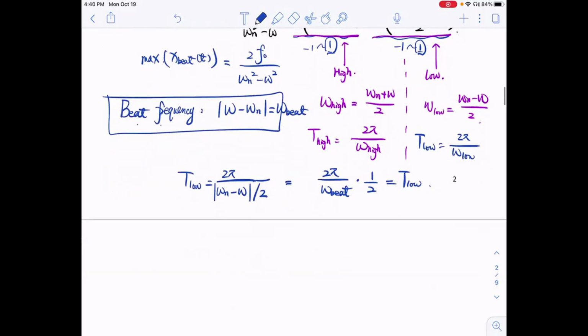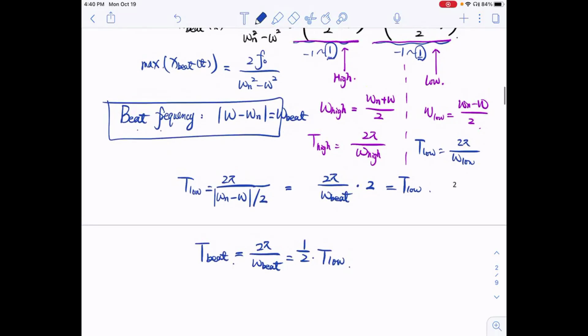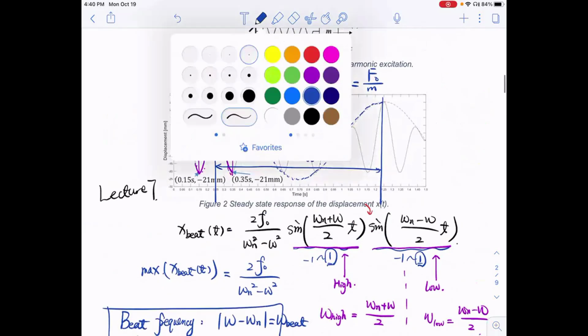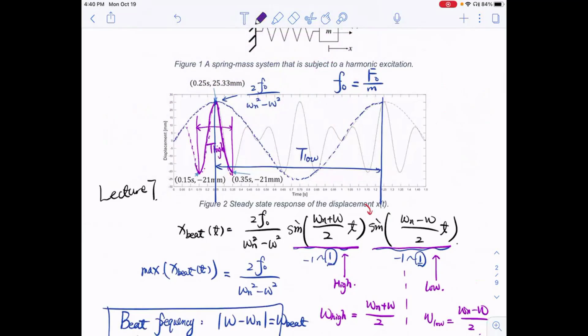The other way to write it is, oh, sorry, I think I had it wrong. It's actually 1/2 times T low. And then 2 pi over omega is another period. We call this the period of the beat. So the period of the beat, I'll use a different color.